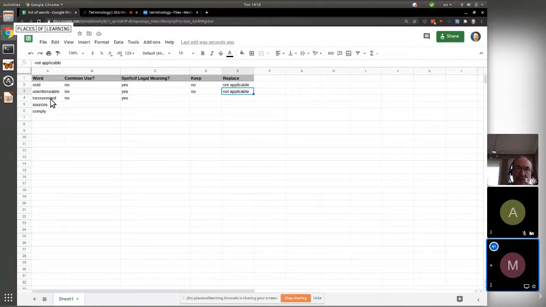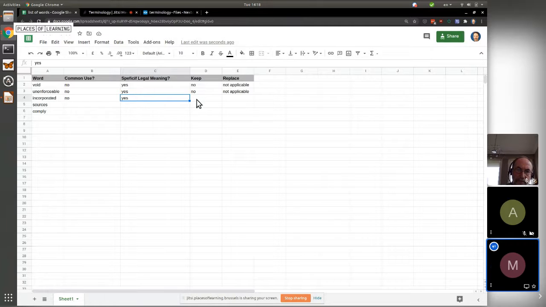So the next term that I highlighted is incorporated. Is it another term that I consider was not clear in this paragraph? Is it common use? No. Does it have a specific legal meaning?